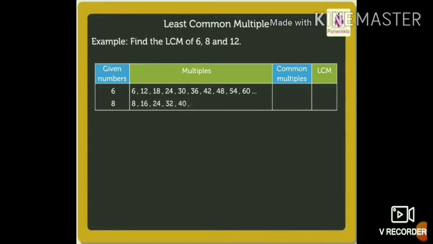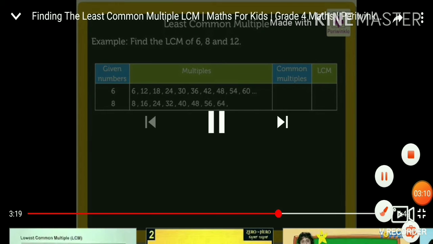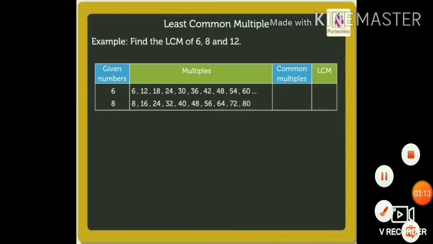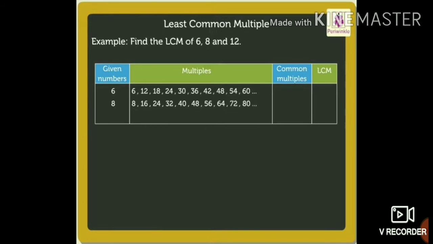The multiples of 8 are 8, 16, 24, 32, 40, 48, 56, 64, 72, 80. The multiples of 12 are 12, 24, 36, 48, 60, 72, 84, 96, 108, 120.